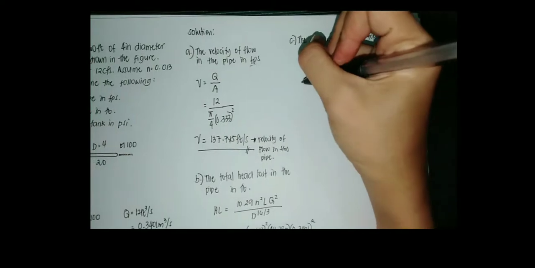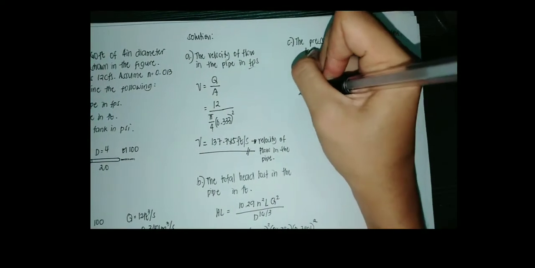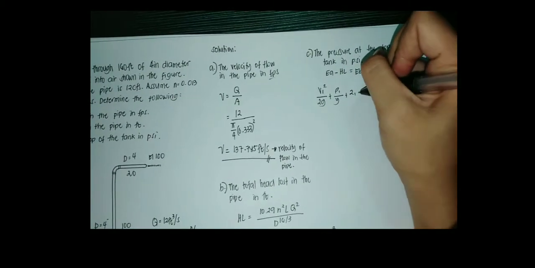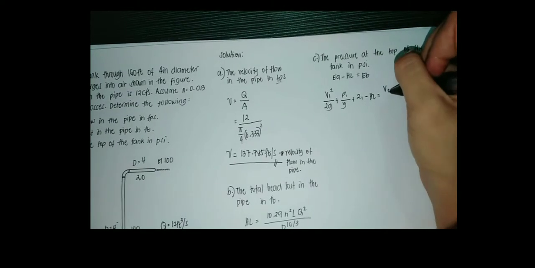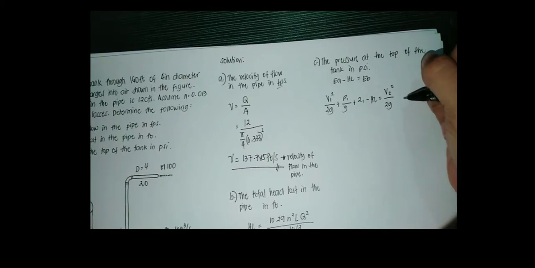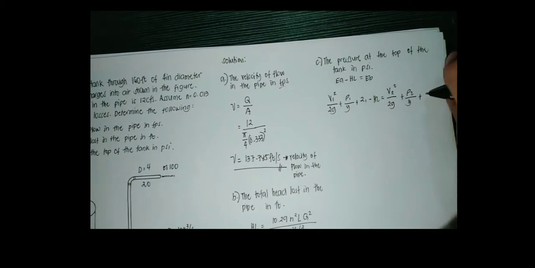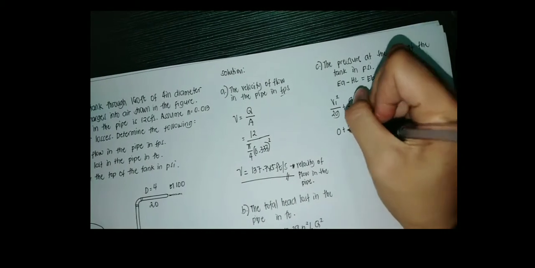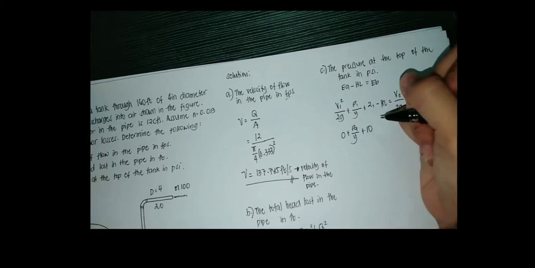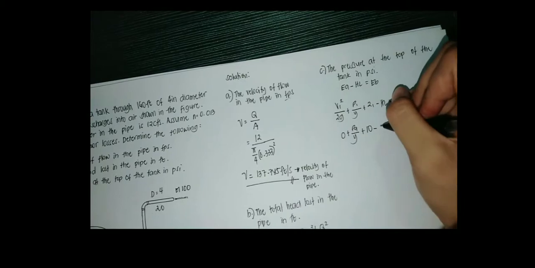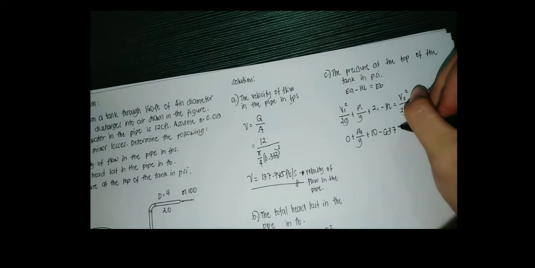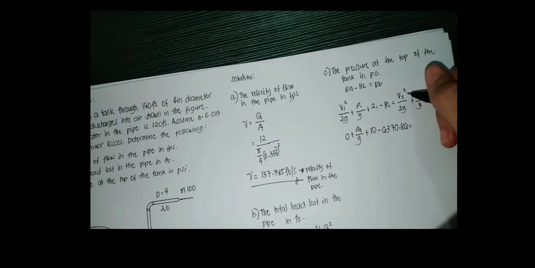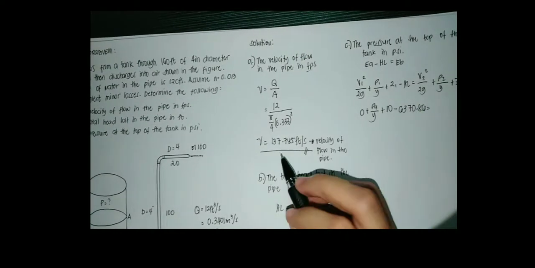The equation is V1 squared over 2g plus the density of water, P1 over gamma, plus Z1, minus the head loss, equals V2 squared over 2g plus P2 over gamma plus Z2. Since this has no value, it is 0 plus PA over gamma plus 10 minus the head loss, which is 6370.86, equals V2 squared over 2g. So our V2 is this one.